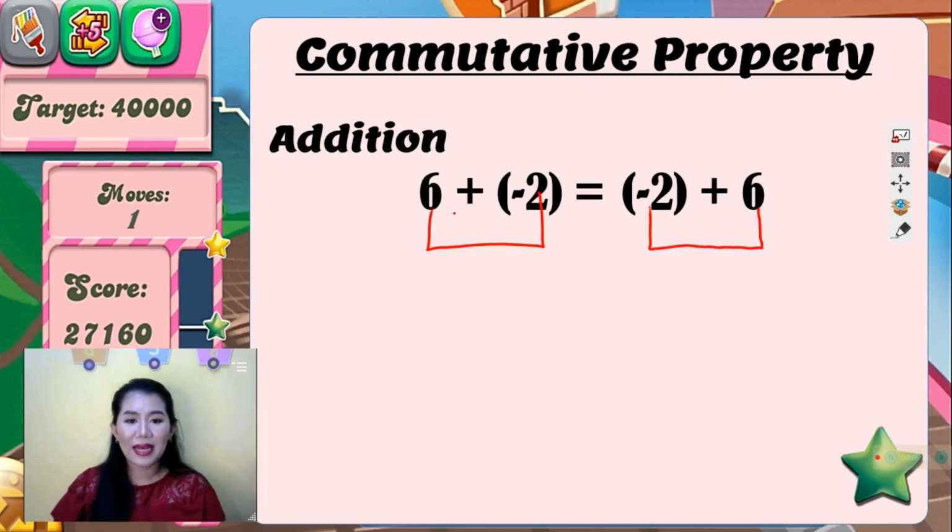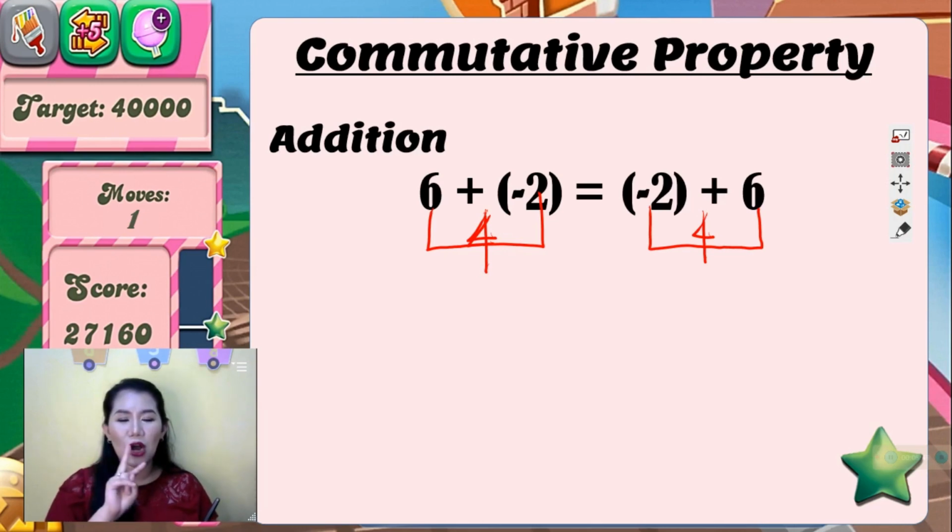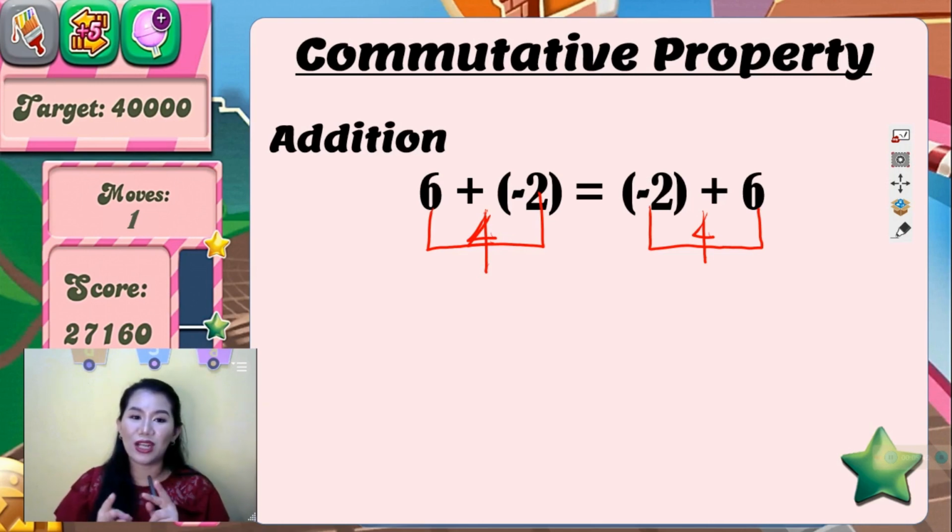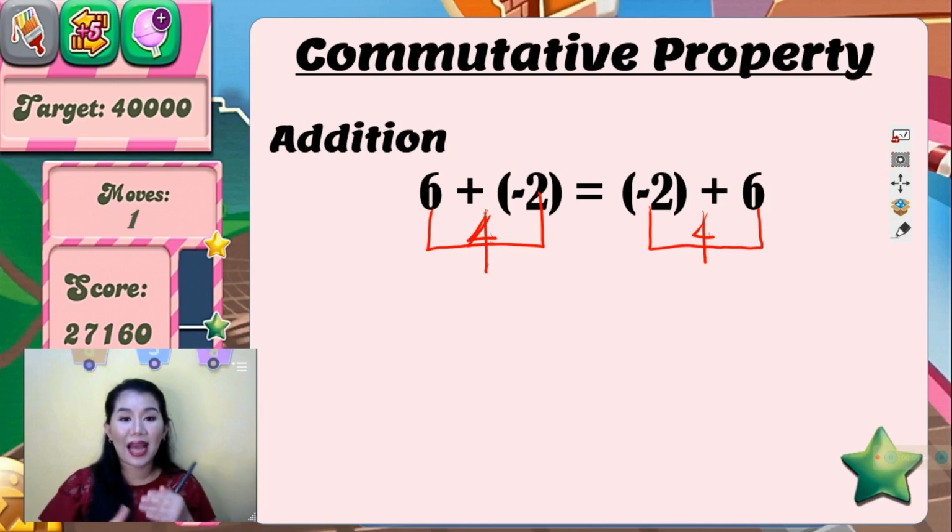So, if I have 6 plus negative 2, the answer to this is positive 4. Okay, you remember addition of integers? And yung negative 2 plus 6, ganun din. The answer is 4. So, ibig sabihin daw ng commutative property, changing the order of the addends does not affect the sum. So, kahit pagbaliktarin daw natin yung dalawang number, wala namang pinagkaiba sa magiging sagot.